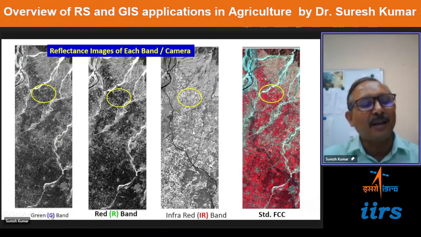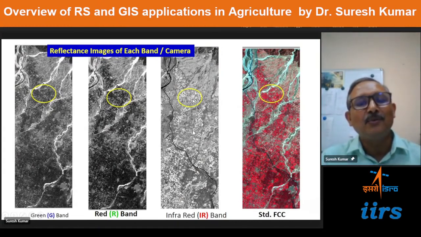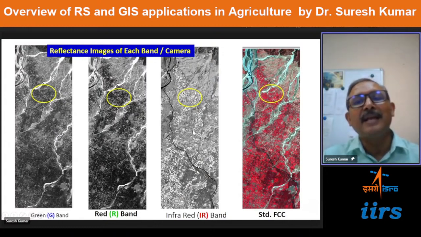I told you our eyes can see only three primary colors. So three-band satellite data I projected in three primary colors, blue, green and red, and it makes the false color composite. Here the vegetation gives high reflectance in infrared, which I have projected in red color. That's why in FCC all red color will show the vegetation, or you can say the vegetation will appear in red color.